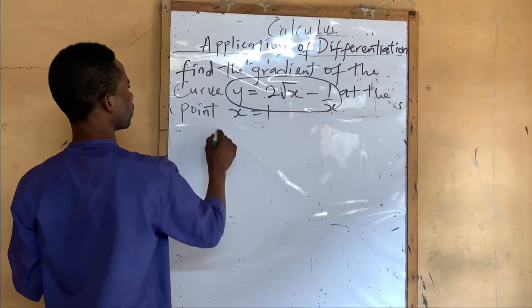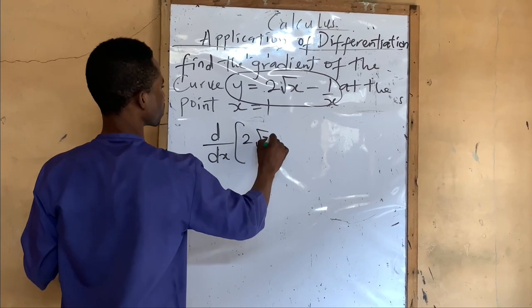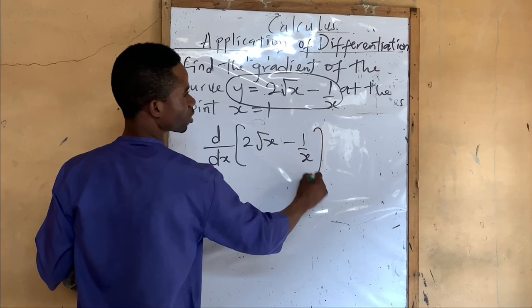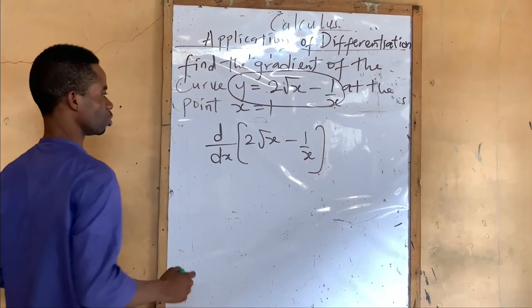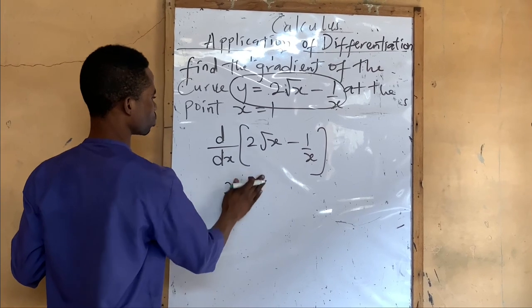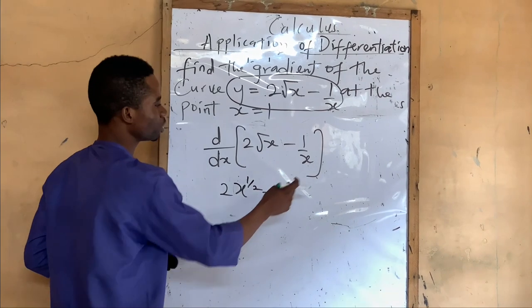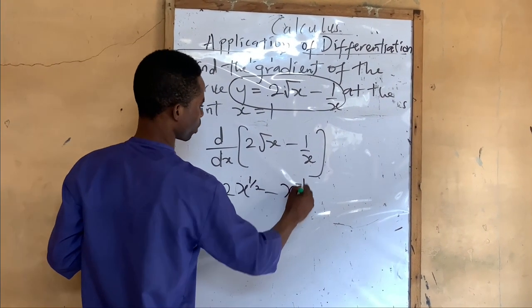So if we want to differentiate 2 root x minus 1 all over x, that is the gradient. Root x means x raised to power 1 over 2, minus, I can bring this one up, x raised to power minus 1.